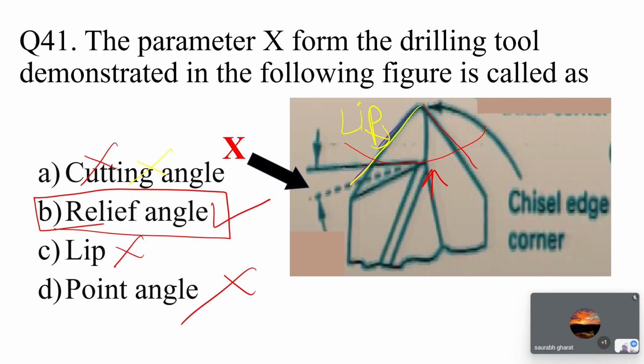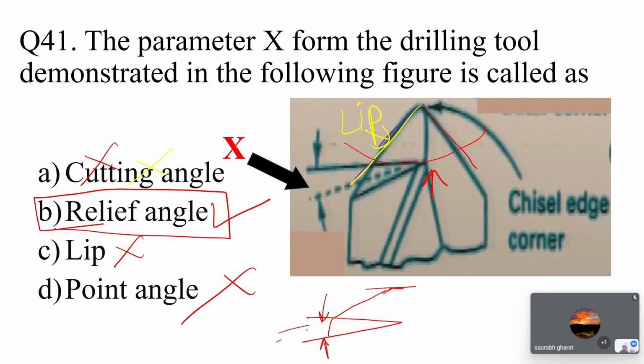It's always the relief angle. Generally this is your lip and it is like this. So this angle is your relief angle. It is not shown perfectly in this diagram actually. What is in the syllabus? It is like this. We have the chisel edge here.